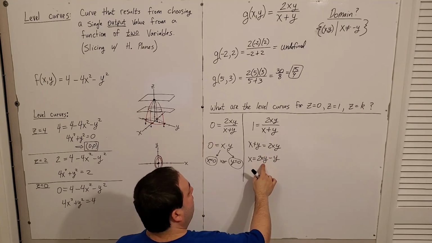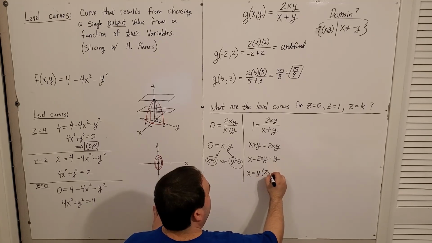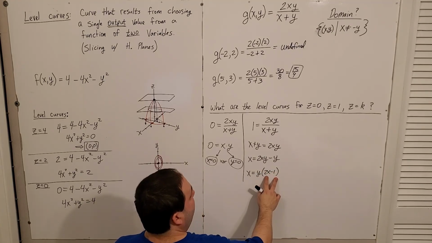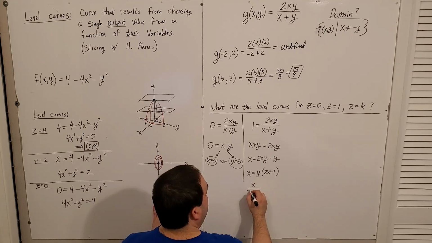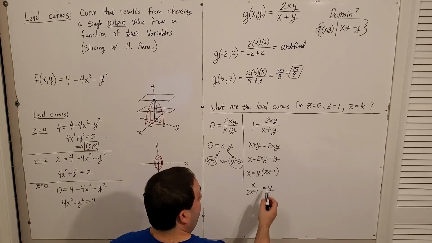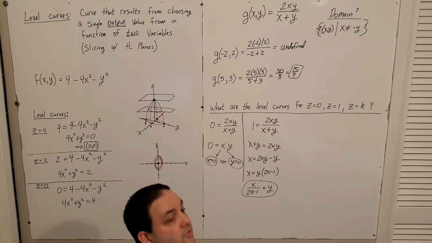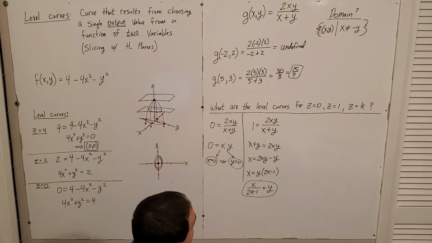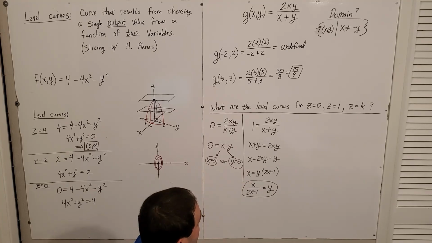I'm going to factor out the y. And then I'm going to divide by the 2x minus 1. So that's definitely something that I could recognize and graph. That's a rational function, probably some sort of hyperbola, right? Because it's got a vertical asymptote, and I can see it has a horizontal asymptote as well.